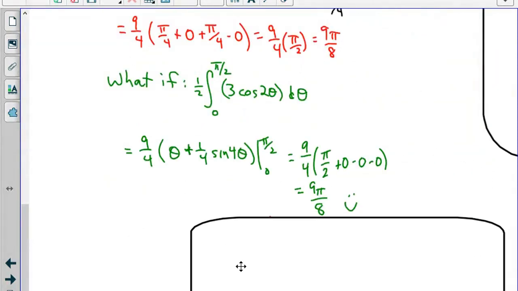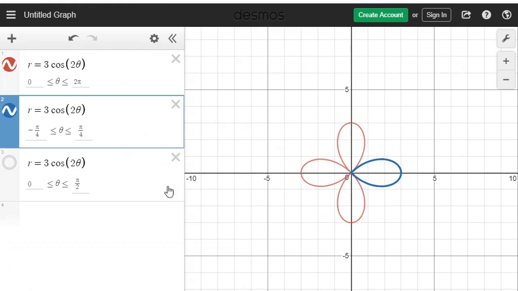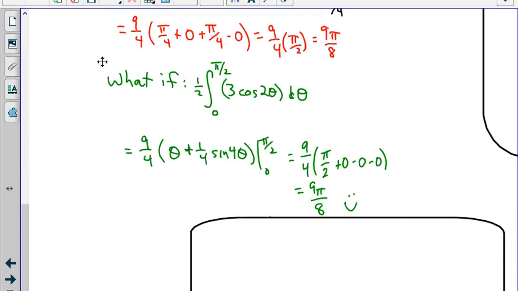So that's good. If we go from 0 to 2 pi, that actually does the exact same thing, and the numbers are pretty easy to calculate. So if I do 0 to 2 pi instead of negative pi over 4 to pi over 4, I still get the same answer. It uses symmetry to get what I need.